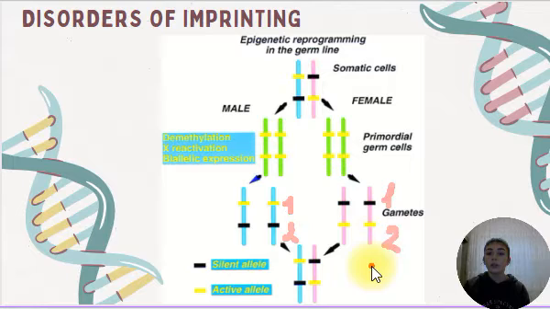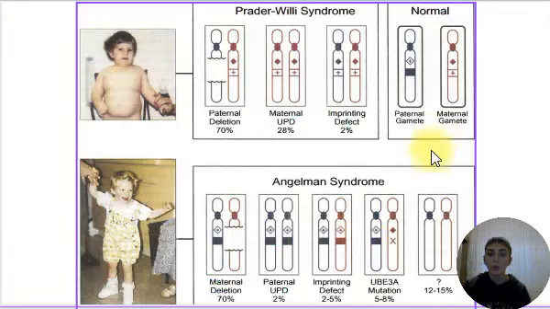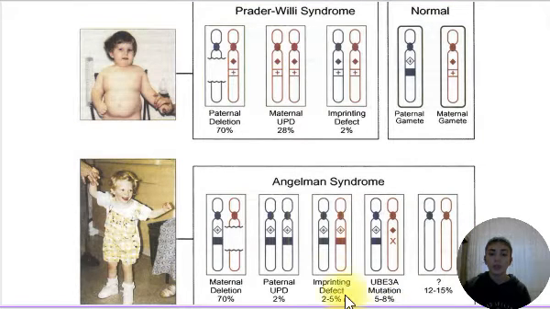So in order for a cell to fully function, it has to receive gene number 1 and gene number 2 in an active form. Therefore, you have to receive one copy of your chromosome from your father and the other one from your mother. So when it becomes pathology, we already mentioned Prader-Willi syndrome and Angelman syndrome.